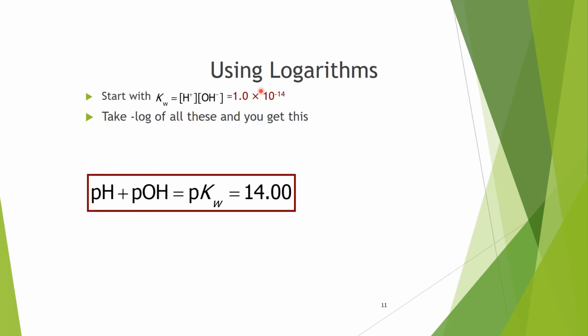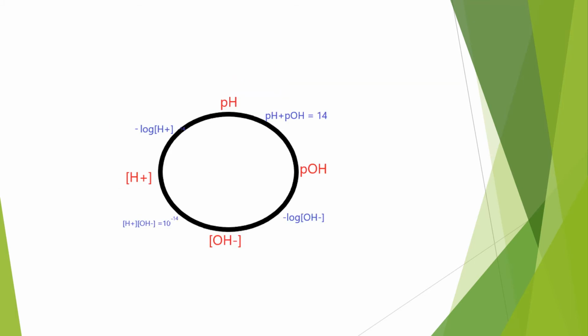Alright, so after messing around with the logarithms and so forth, you get the pH plus the pOH is equal to pKw equals 14. And we can kind of tie this all together to a relationship. If you know the pH, you can figure out the H plus by taking 10 to the minus pH power, or you could go the other way.